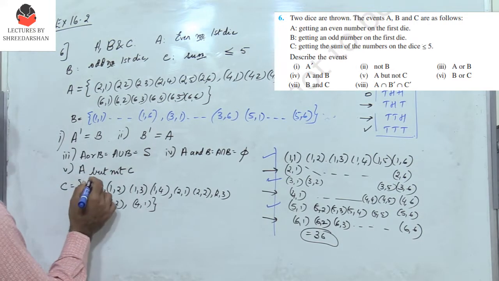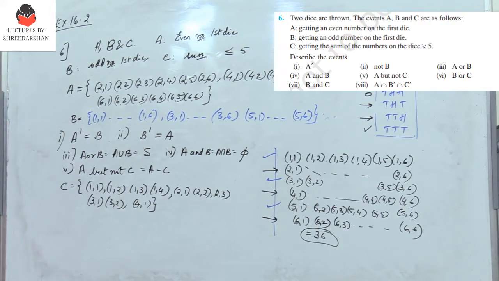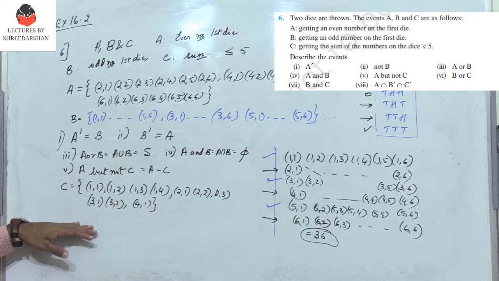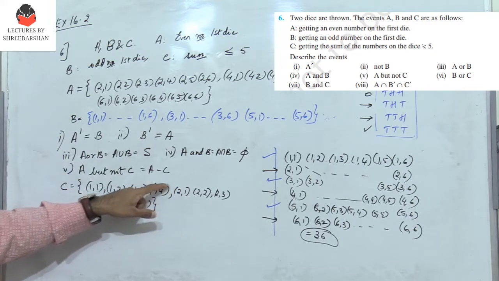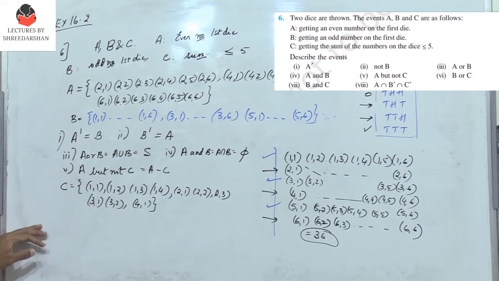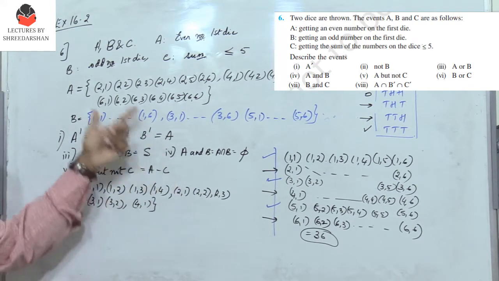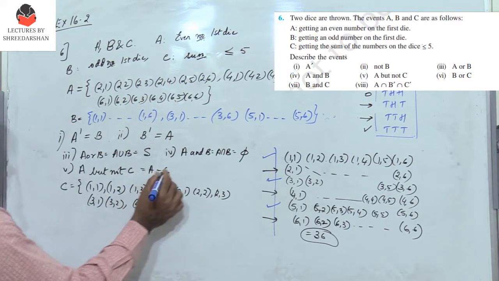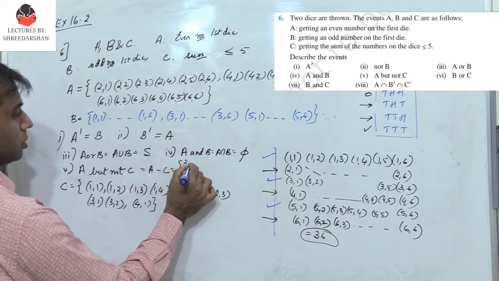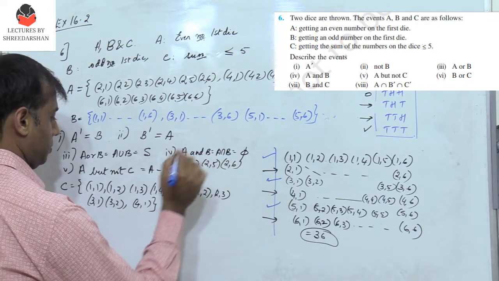So the fifth one states that A but not in C. That means A minus C. All of them which are there in A but not in C. So what is present in C? Of course, nothing starting with 1 is present in C. 2, 1, 2, 2, 2, 3 is present in C. Okay. So what is not present in C but present in A? You have 2, 4, 2, 5 and 2, 6.